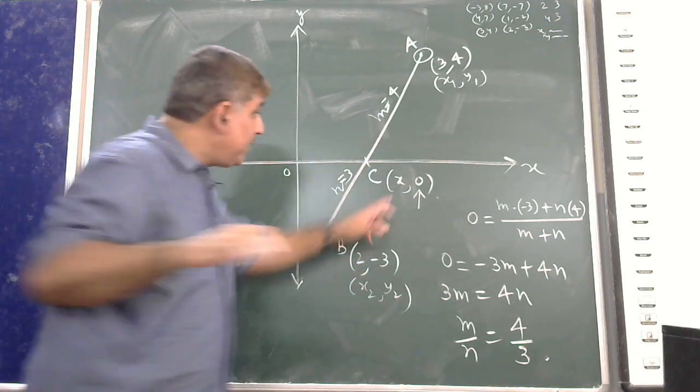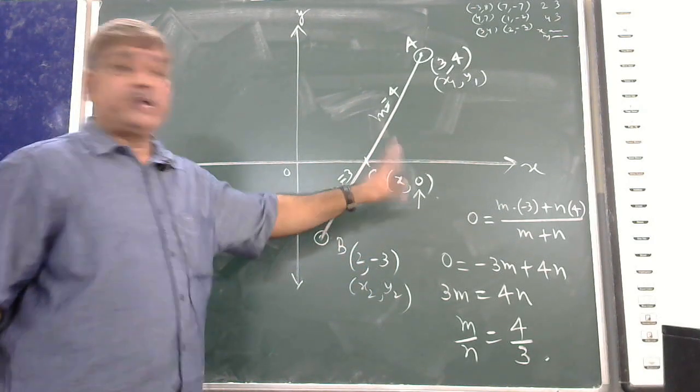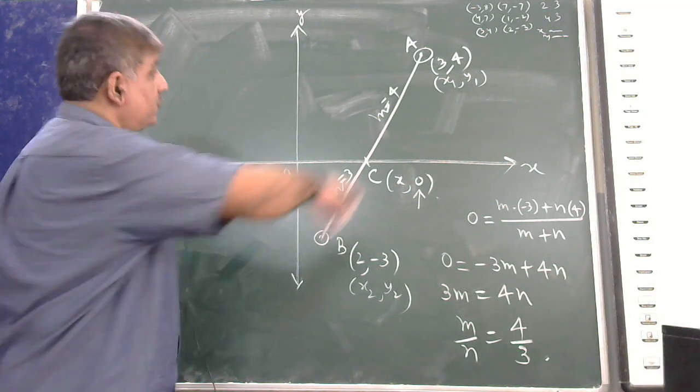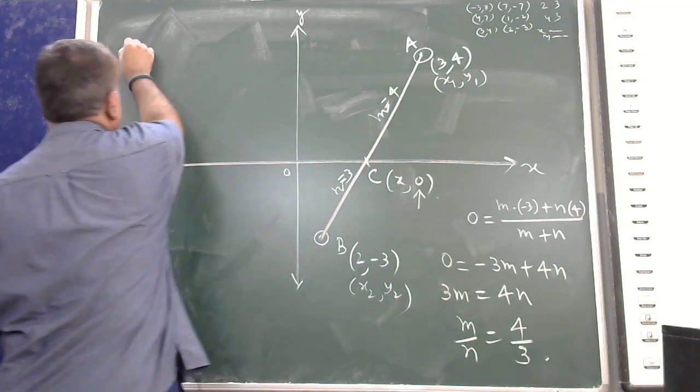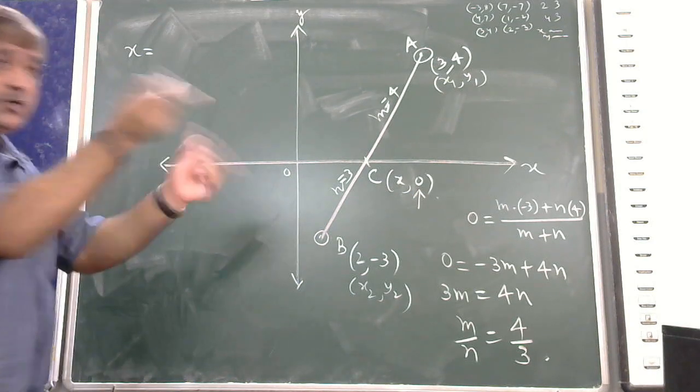Now, as we have taken this one as 4 and this one as 3, you are able to find the value of x by applying the formula for x. So x is equal to m into x2 plus n into x1 by m plus n.